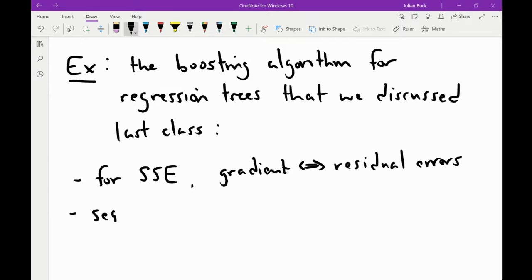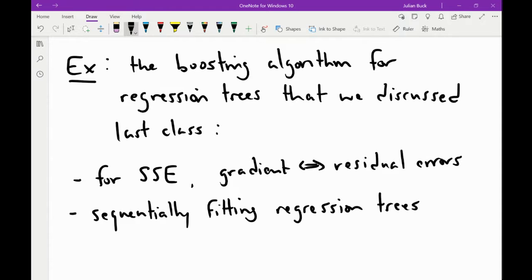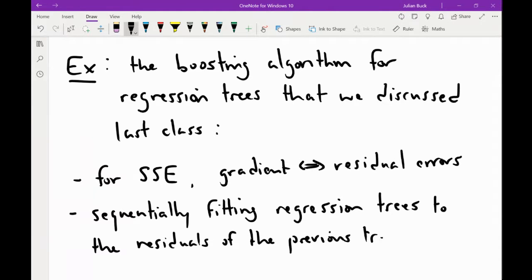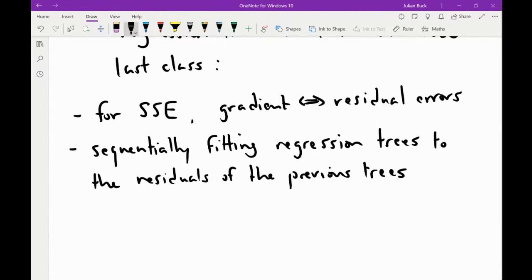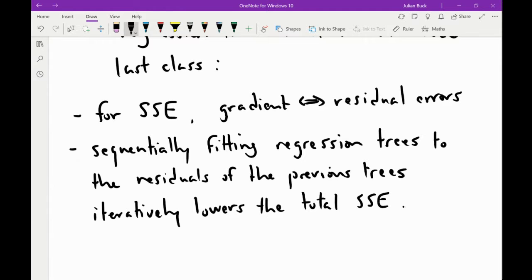Sequentially fitting regression trees to the residuals of the previous trees iteratively lowers the total sum of squares error, because as you do this, the residual errors get smaller iteratively.